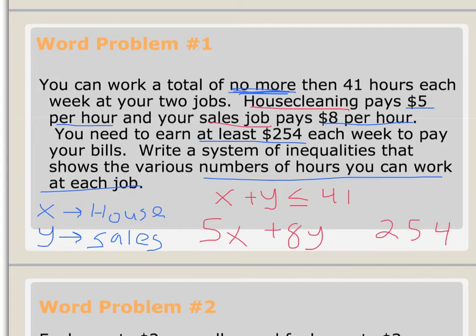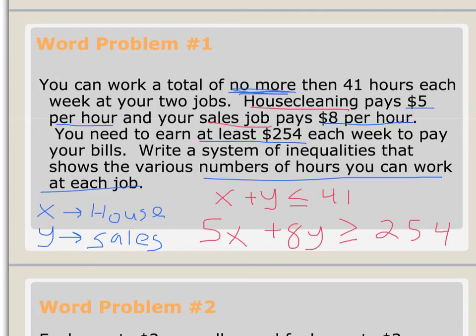You need to earn at least 254. So do you need to earn less than 254 or more than 254? Well, at least means you need more than, and it could be exactly equal to, so greater than or equal to. And we won't be graphing these today. We're just going to focus on writing the equations in this lesson.